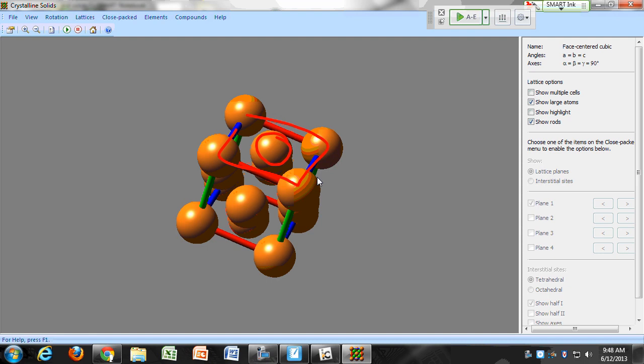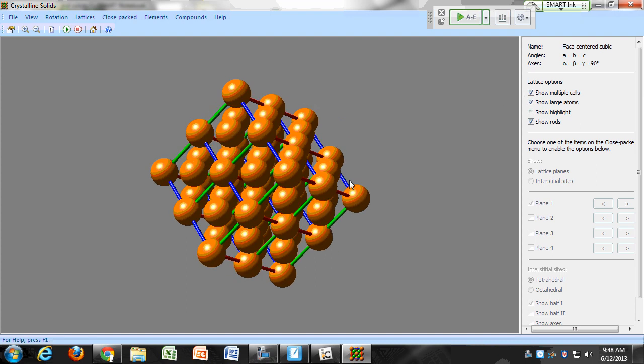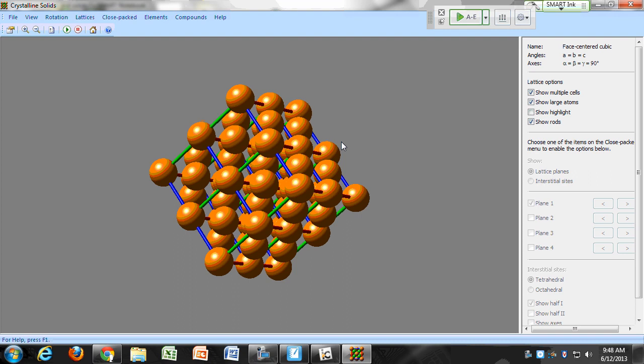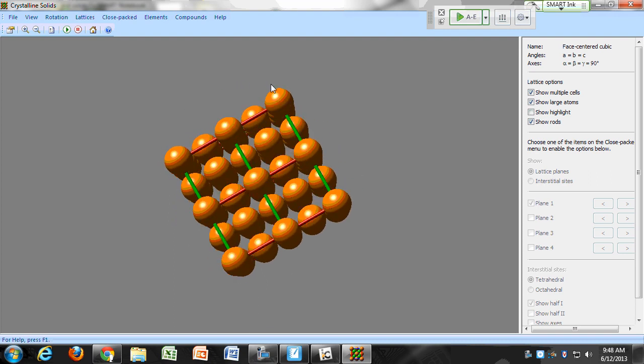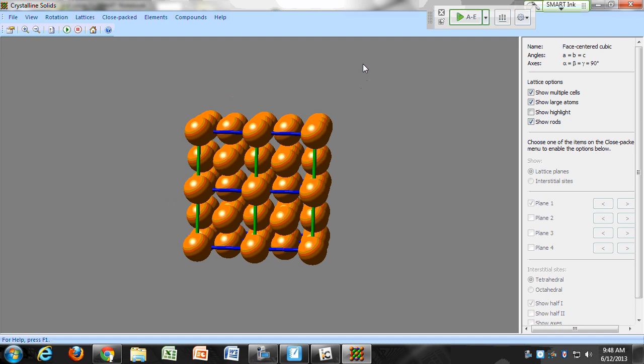Each of these atoms in the center of a face belongs to how many cells? Let's show multiple cells here. Let's see if we can visualize it better this way. Can you see that? Let's look at this one right here.